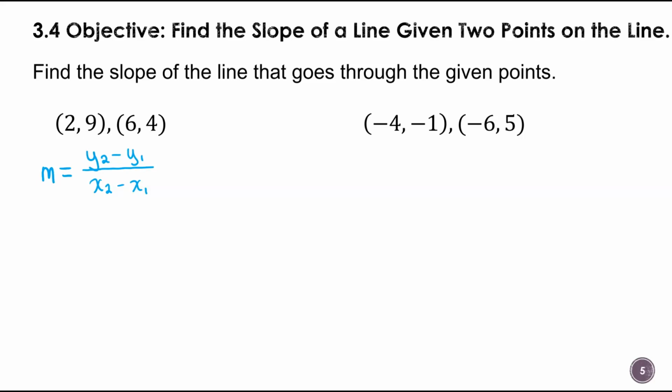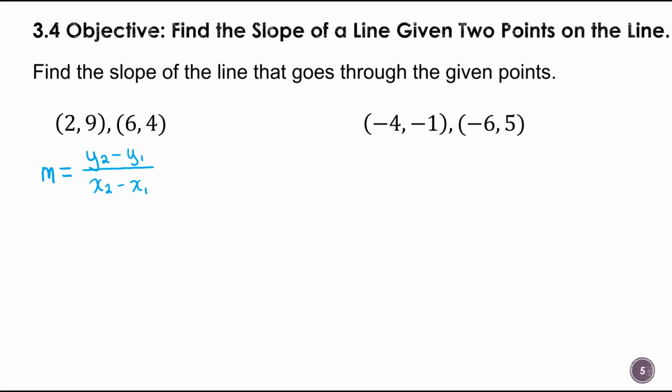Now, the thing I would like you to notice is that if I'm taking the y sub 2 from the second ordered pair, then in the denominator, I have to take the x from that same ordered pair. So you'll notice the subscripts are the same on the y and the x that are one above the other.